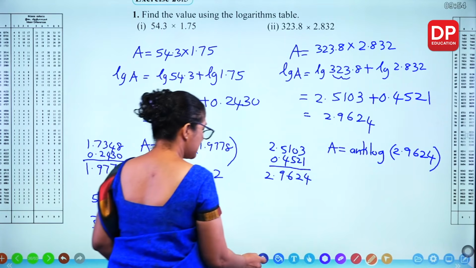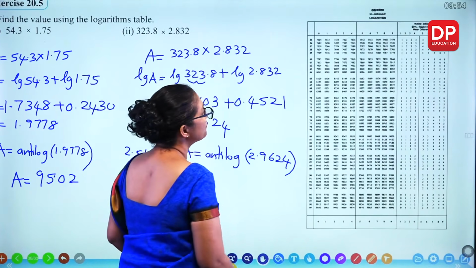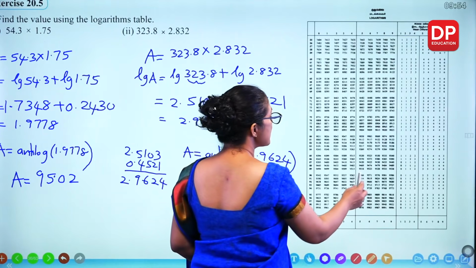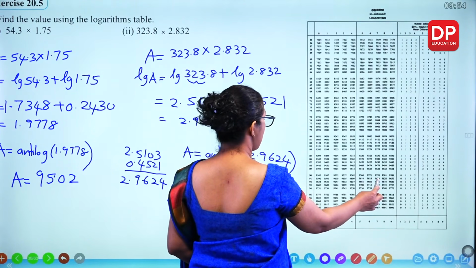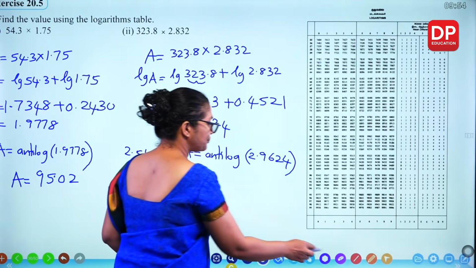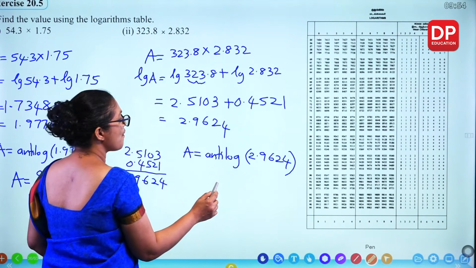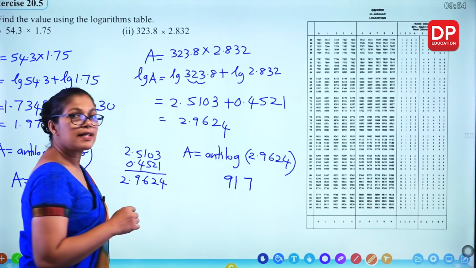Refer the table and see where you get 9624. Here exactly you are getting that number, 91.7. And the characteristic is 2.